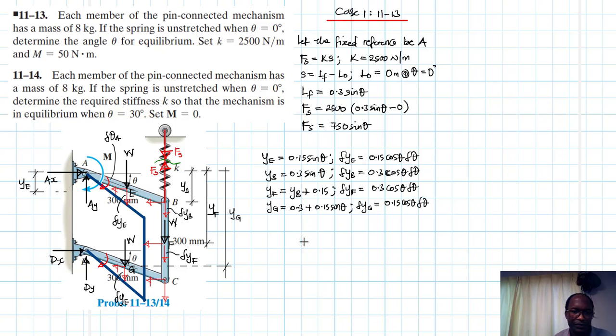So we have everything, and then we also have del theta A, which is just equal to del theta.